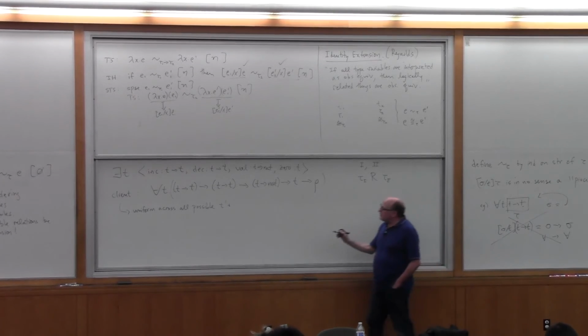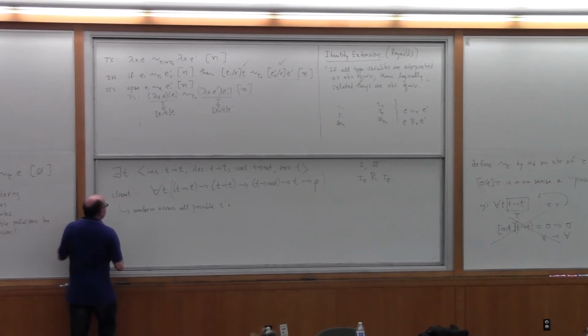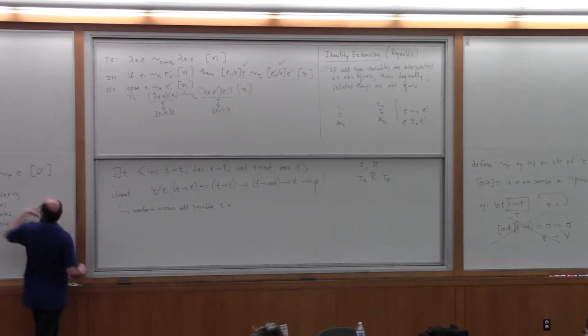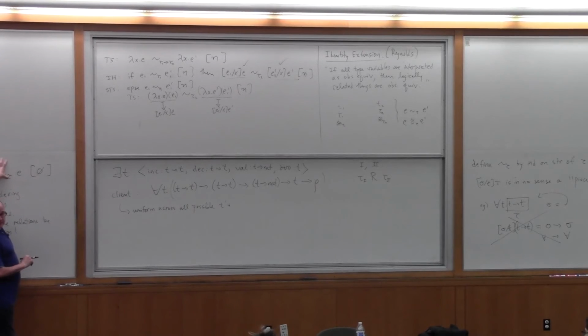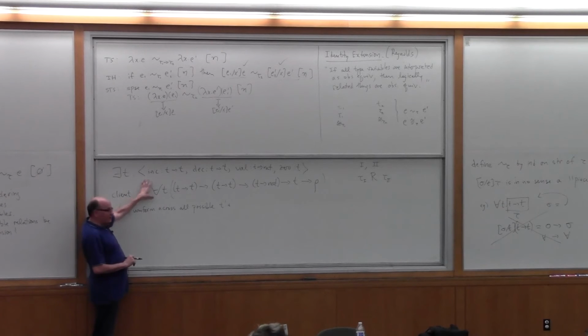Okay? So what we know about the client, because the client has this type, is that it satisfies the theorem. Because it satisfies the theorem, it means that the client is oblivious to fictional notions of equality between the two representations. So here's what I know, okay?